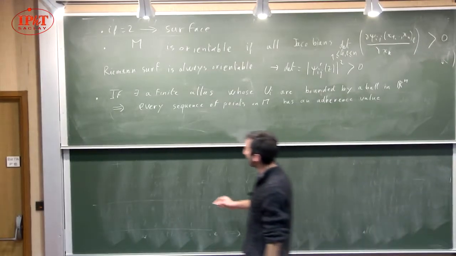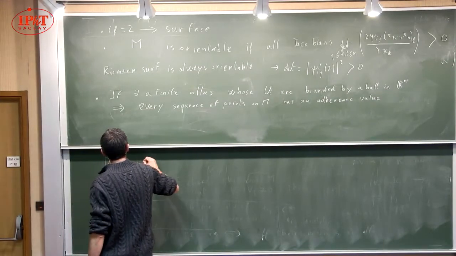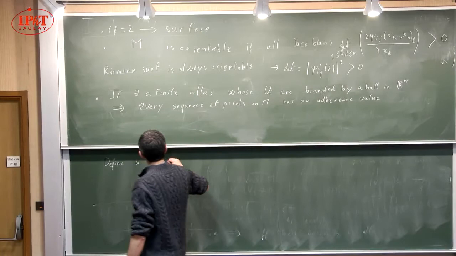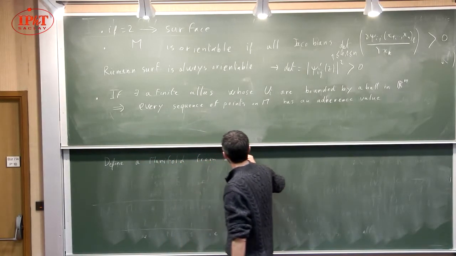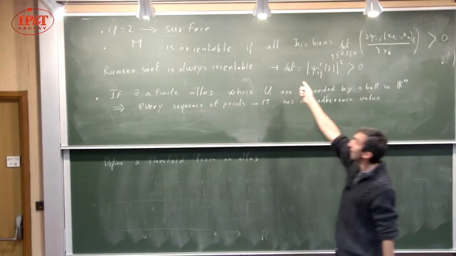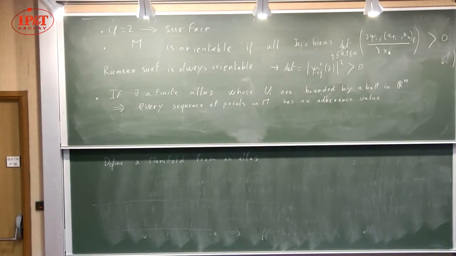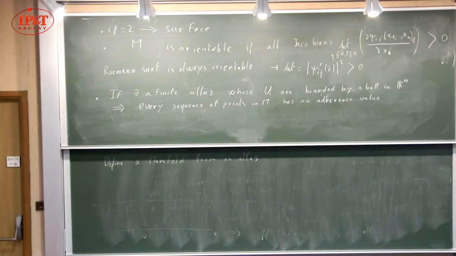Let me just define a manifold from an atlas. So here, somehow in my definition, I assume that I already have my topological space M, and I equip it with some homeomorphisms to Rn that are compatible through transition maps and so on. So basically, I already have the object M beforehand. Now there is another way to define the manifold.